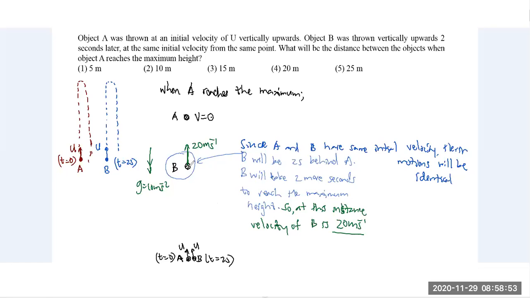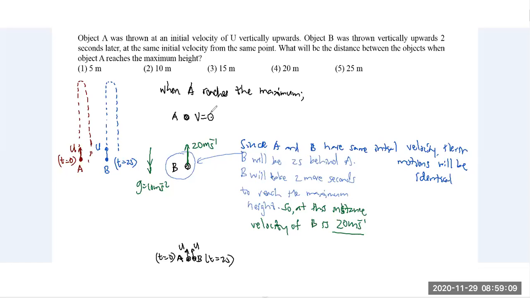So if B is going to reach maximum height within the next 2 seconds, when A is at the maximum height, B should have the velocity of 20. Then in another second, it will become 10, and in the next second, it will become 0.